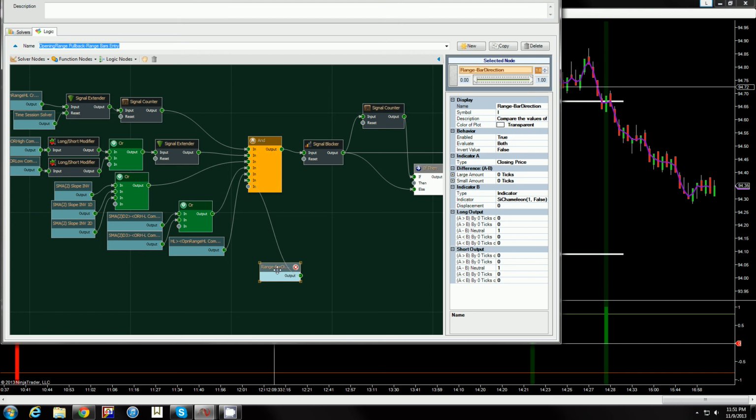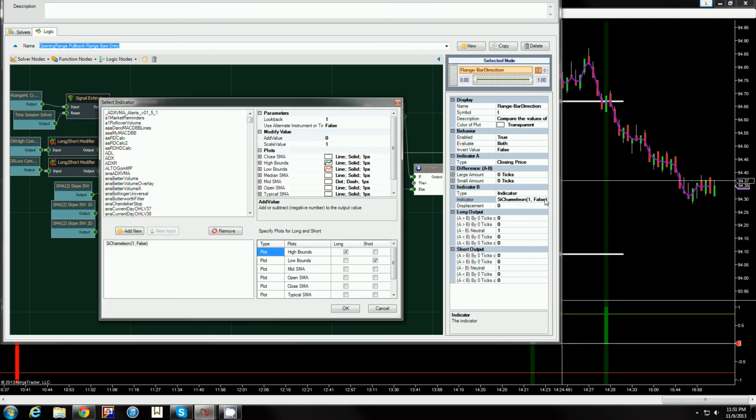So instead of using the bar direction solver and the doji solver, I'm using this comparison solver, and I'm using the closing price. If the closing price is equal to the high, give me a long. If it's equal to the low, give me a short.